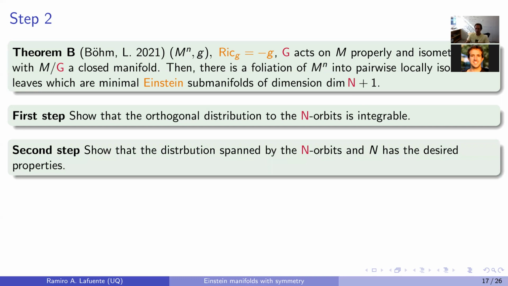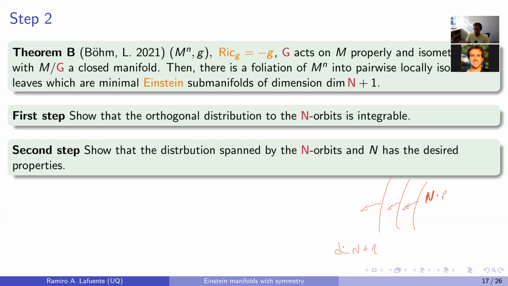So you just consider the n orbits in M, and then look at the mean curvature vector of these n orbits. The distribution spanned by this, which is of course of dimension n plus 1, will be integrable.